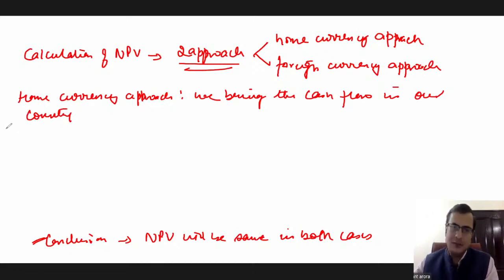So it means what we are earning outside. Okay, sir, can you give an example? You must have eaten a McDonald's burger once in your lifetime.